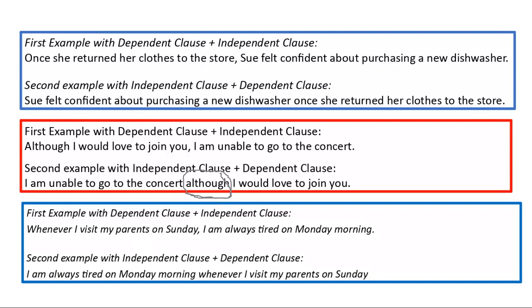Put that dependent clause at the beginning, put the independent clause at the end, and keep it a complex sentence in that way. But another way that you could do it is this word although, once you put it in the middle here, it almost starts acting like a conjunctive adverb, right?